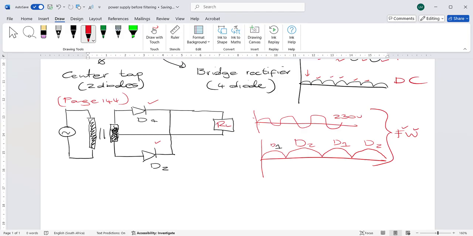And then we've got the last one. This one, I'll have to go to Google to find the bridge rectifier because it's a bit complicated for me to draw, but for you, you have no choice but to draw the proper thing. Let's just check here. Bridge rectifier. Okay, there we go.